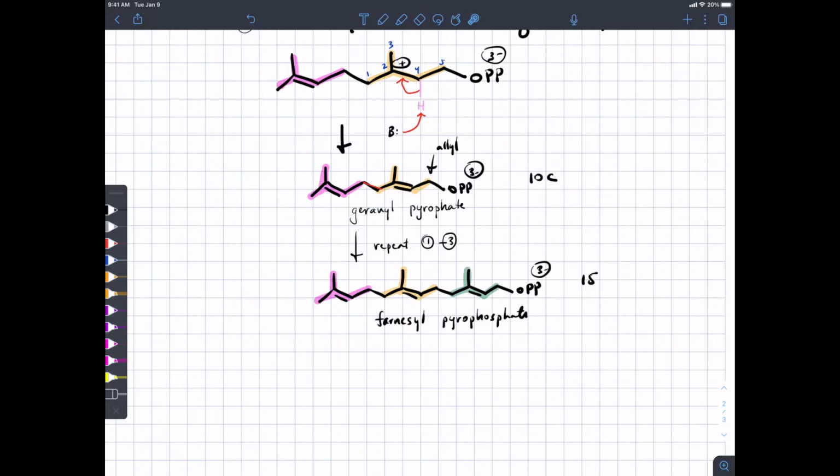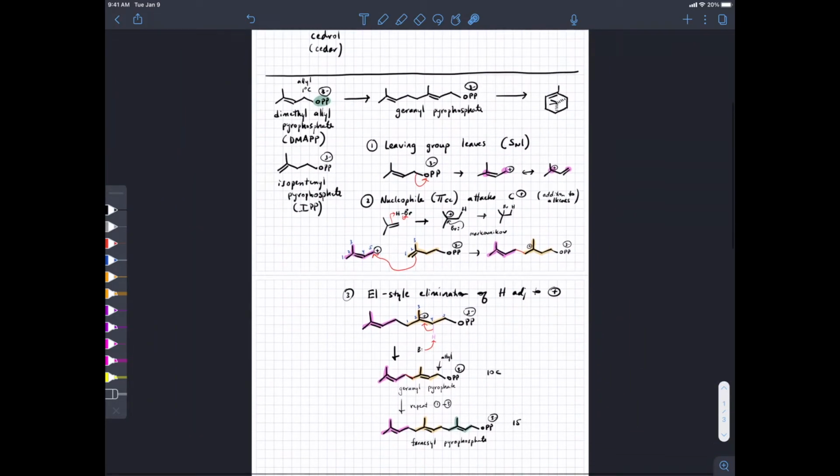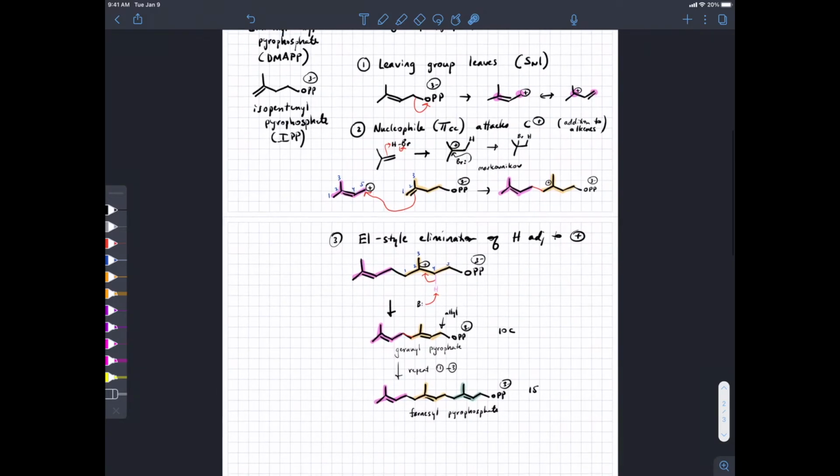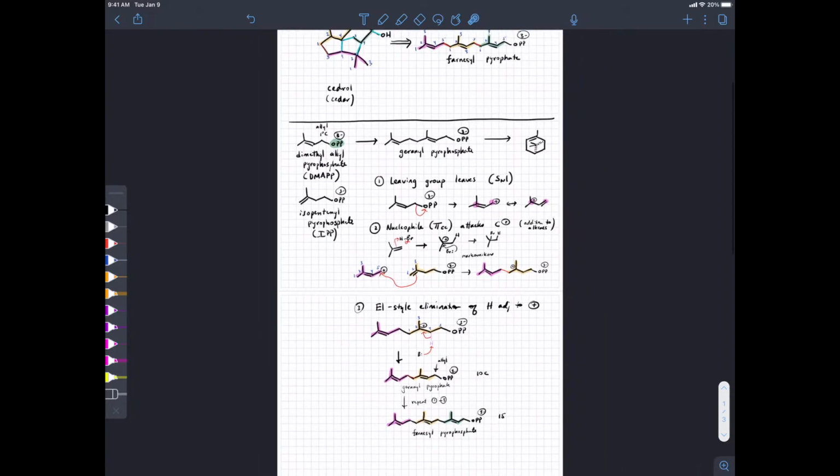So I told you that I would get to alpha pinene, but if you look, I've only taken you from these two starting materials to Geranyl Pyrophosphate. So what happens next is going to involve more of these similar steps, but we're no longer going to be concerned with making the bonds between carbons 5 and 1.